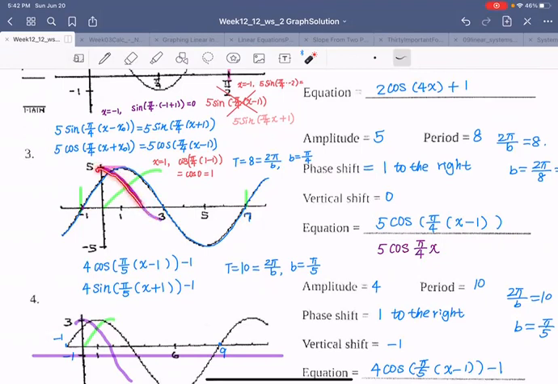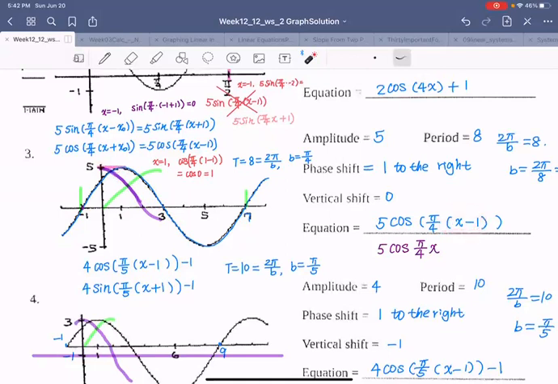The cosine original graph is this purple line, and then you see your real graph is this blue line. From the purple line to the blue line, you have a horizontal shift to the right by 1. So you have x minus 1.